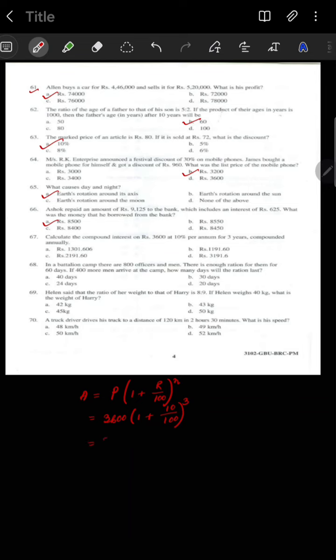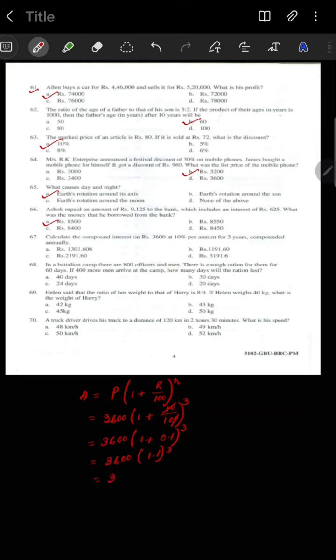Then if you simplify, it is 3600 into (1 plus 0.1) whole cube. If you add, 1 plus 0.1 gives 1.1, then here it is cube.